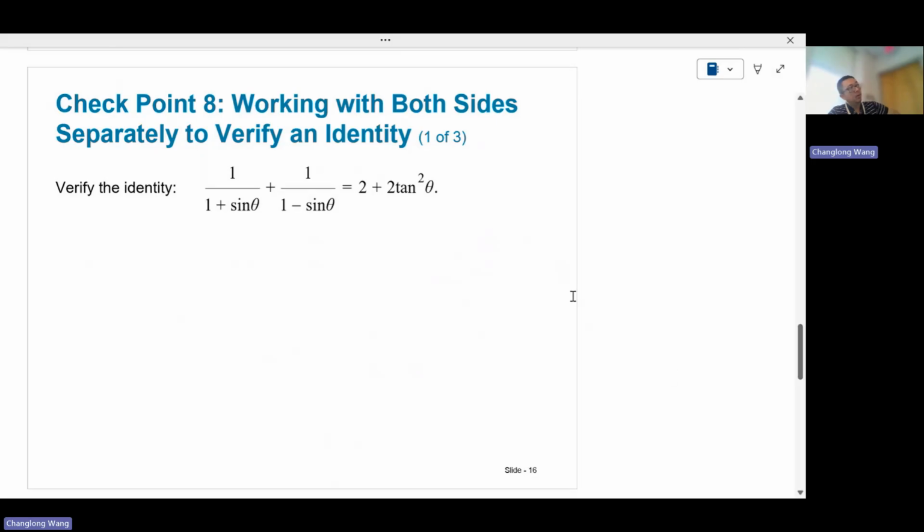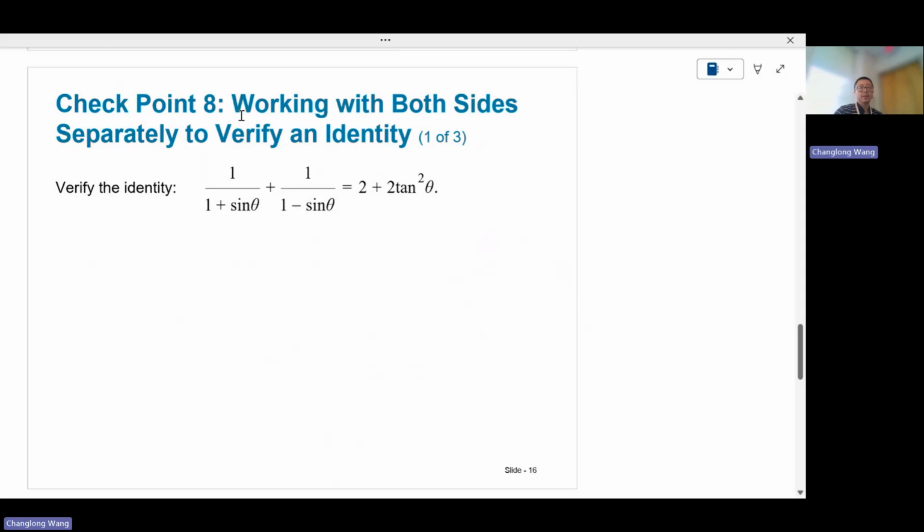And you can probably tell, this is probably the problem that combines pretty much everything so far, right? Because you do see that both sides are kind of complicated. You have denominators, and also you have some functions that are not sine and cosine.